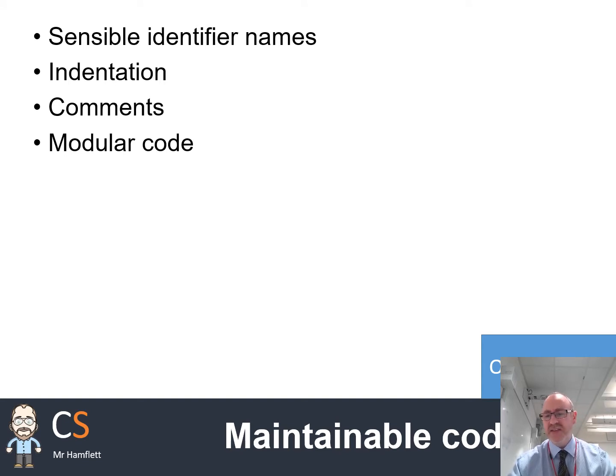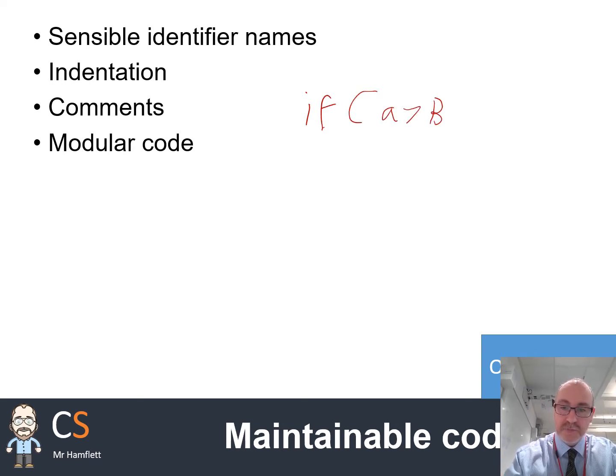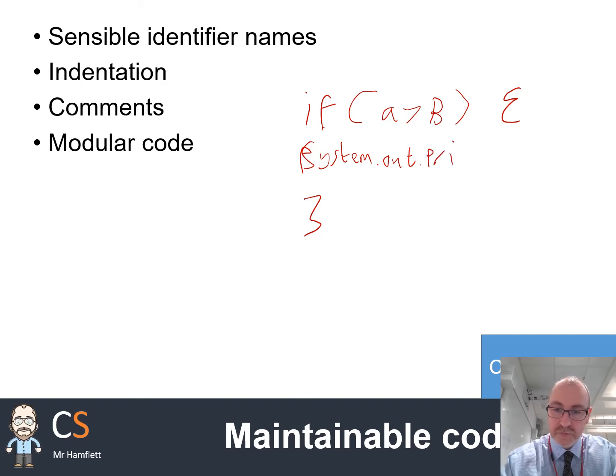Indentation in Python is a necessity, so it's kind of a moot point, but in other languages such as Java and C++, for example, in Java, when we write an if statement, we have to put the if in there, a bracket, A is greater than B maybe, and then we have a curly bracket, and then I might put my System.out.println. Sorry for the bad handwriting.